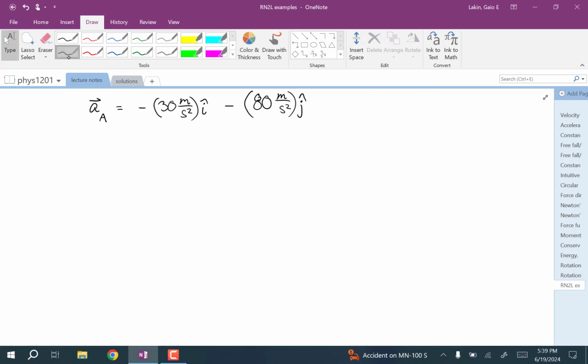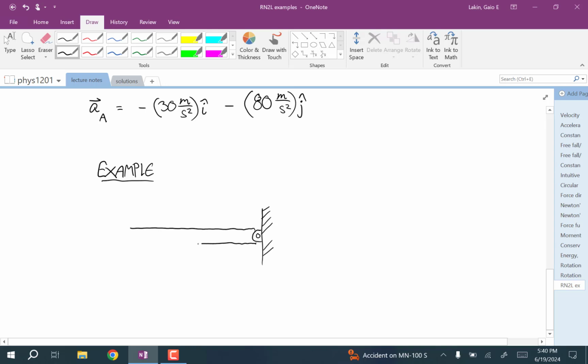Let's do one with a rectangular beam. So let's say for the second example, we have a rectangular beam like this.